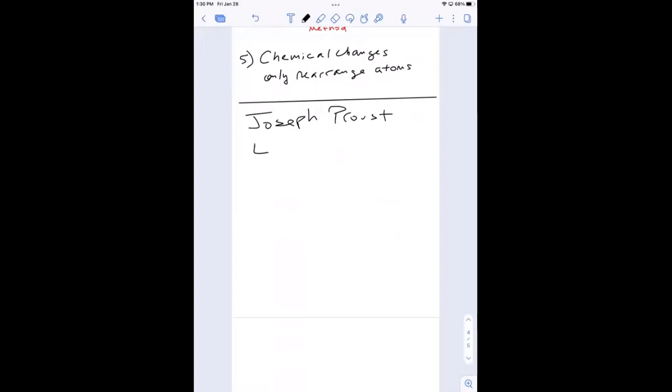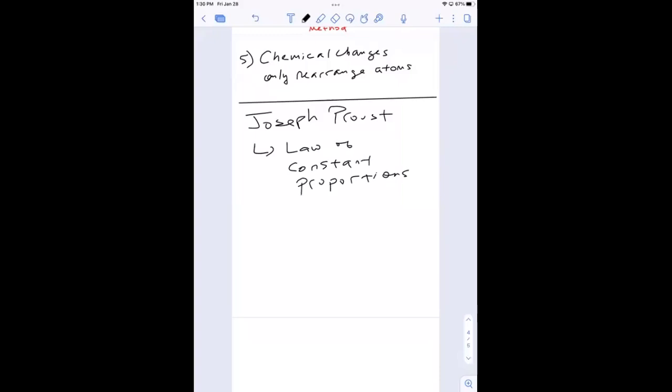All right, so Proust developed what we call the law of constant proportions. What that law says is this: if you have a sample of a pure compound, every sample of that pure compound, no matter where you get it from, will have elements present in a specific ratio by mass, right?